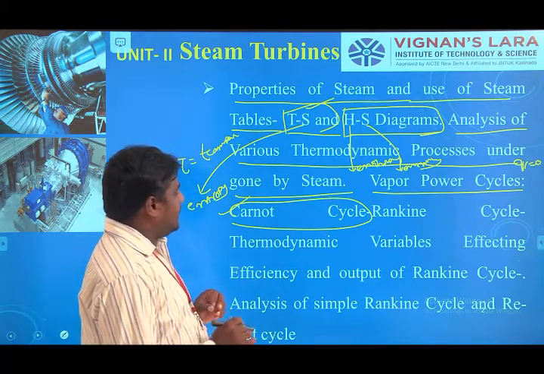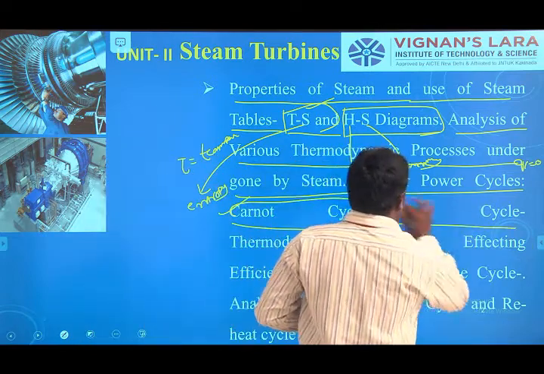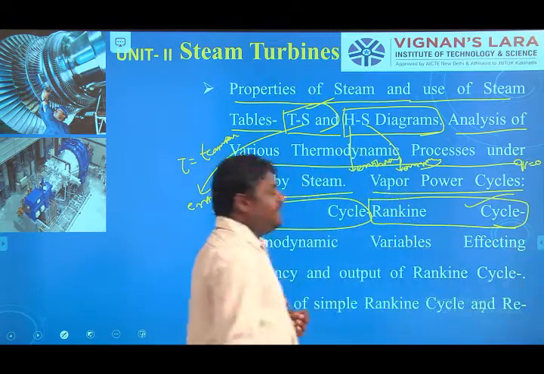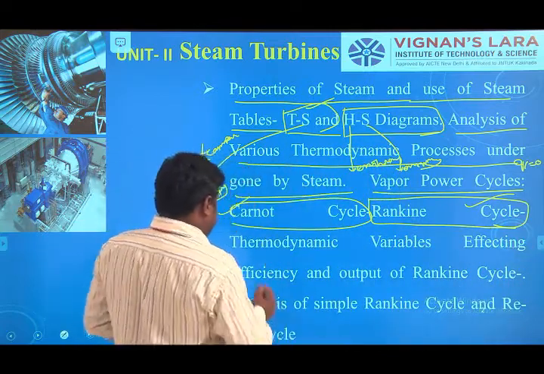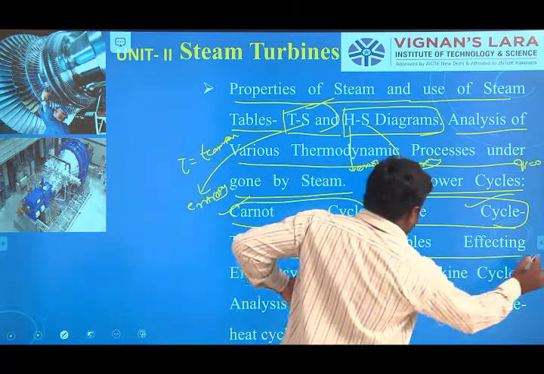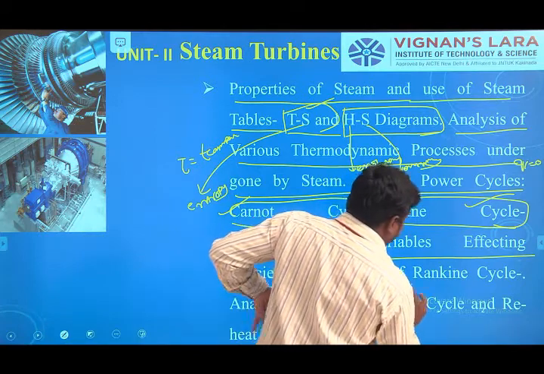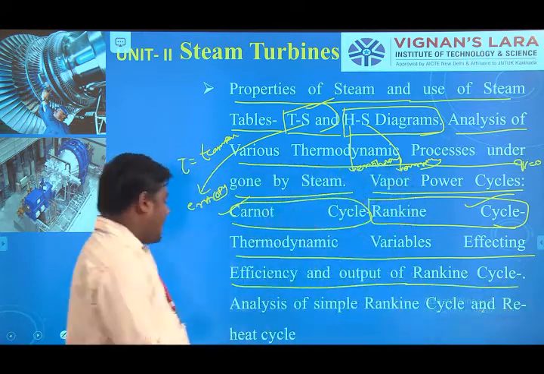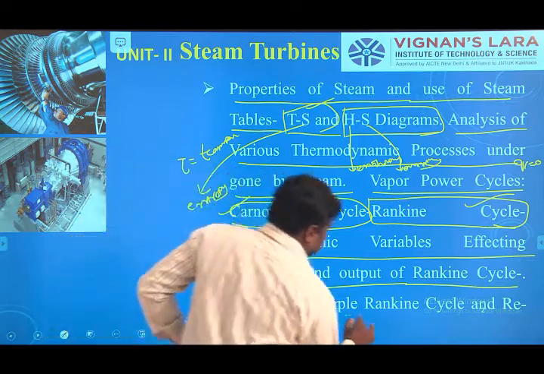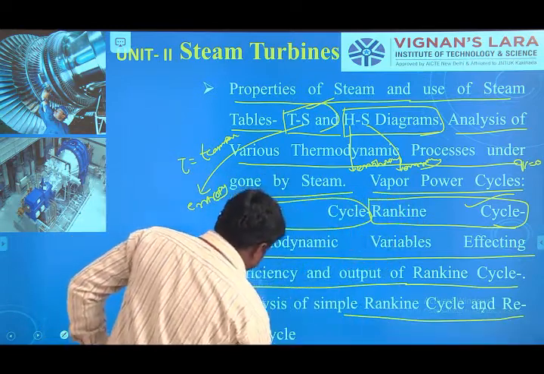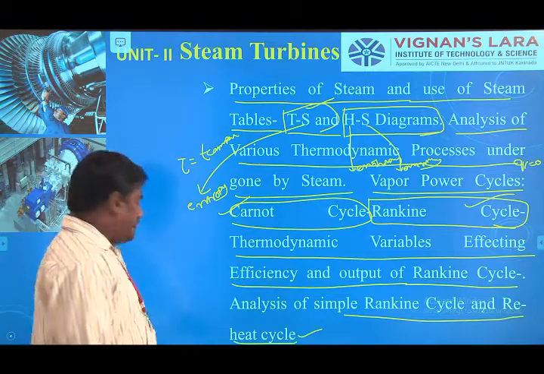Then in the second unit we discussed the Rankine cycle and the reheat cycle, thermodynamic variables, efficiency and output of the Rankine cycle. So the analysis of the simple Rankine cycle and the reheat cycle are also completed in the second unit.